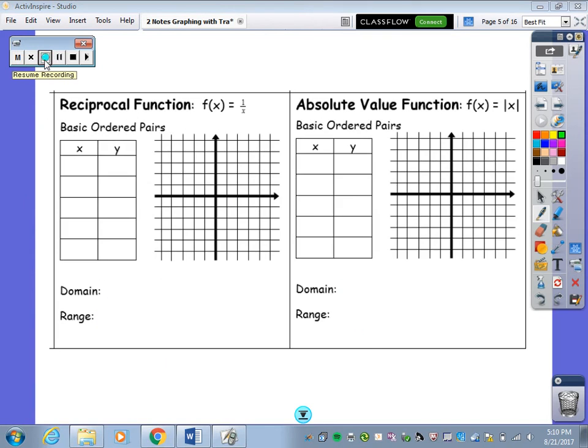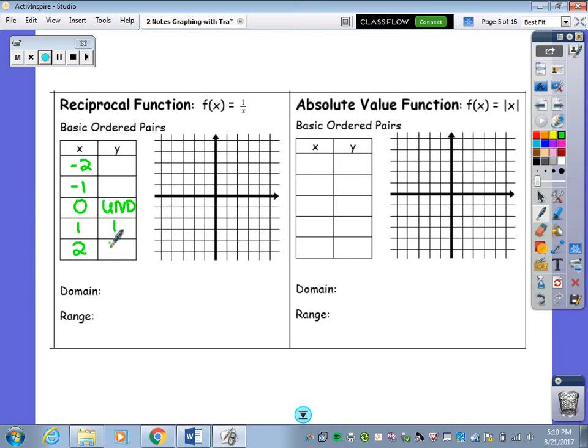Now let's look at the next parent function. Our next parent function is the reciprocal function. We know that when we get a 0 in our denominator, we get something that's undefined. So we know 0 is undefined. But any other value we put in our denominator is going to give us a defined number. So some numbers that we can plot are negative 1, negative 2, 1, and 2. When we put 1 in for our function, we get 1.